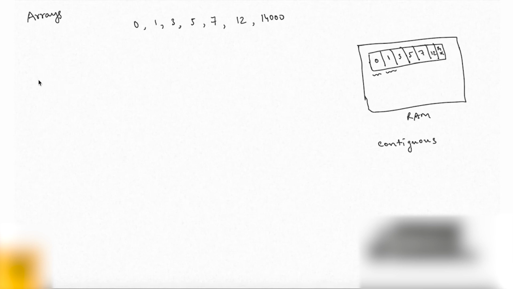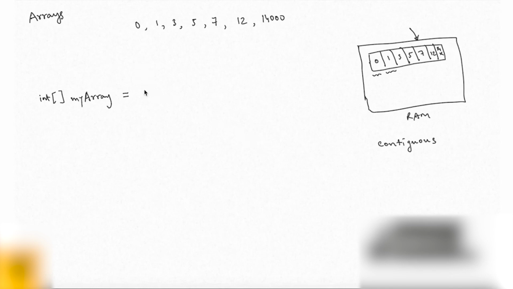So let's define an integer type array, and let's say we want to name our array my array. This would be the name of our array, and the definition of its data type would be here. These square brackets denote that we are defining an array.